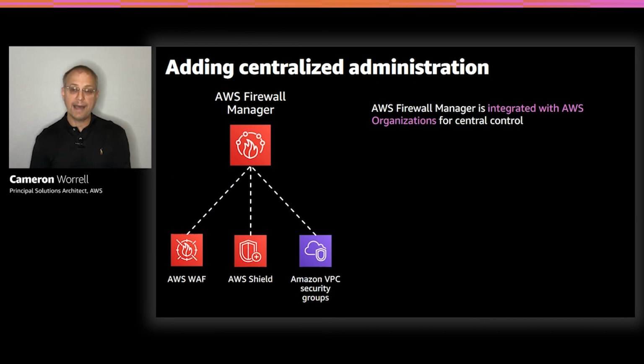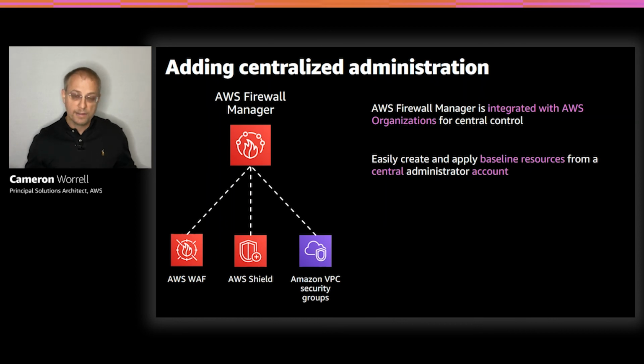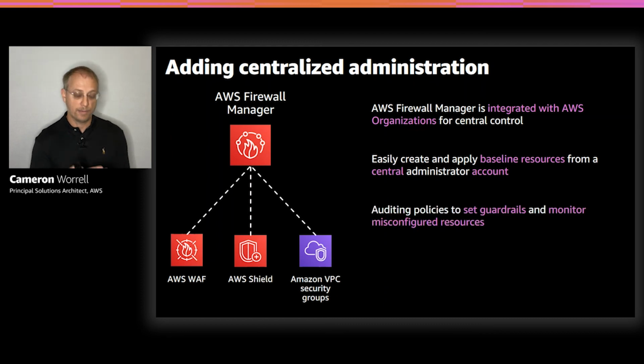Once you have this, it's easy for you as a team to set baselines and centralize the preferred policies, the preferred WAF web ACLs and security group patterns, throughout your accounts and across your teams. From there, you can audit and wrap guardrails around that process to make sure the deployed policies aren't deviating from those baselines.